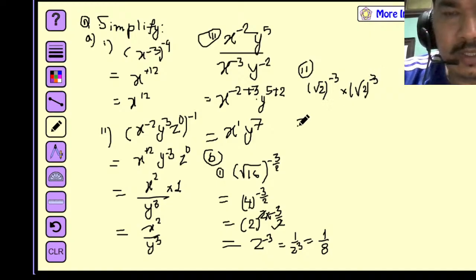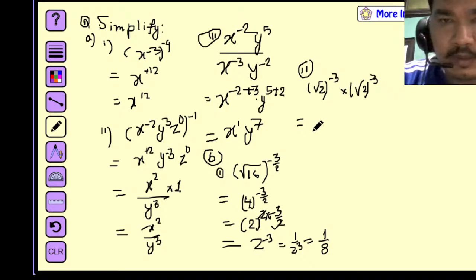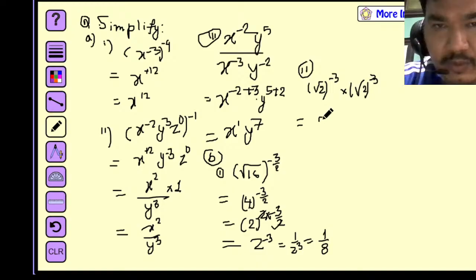Then when you cancel this square root, it will be 2 to the power 1 by 2, and its whole power is minus 3. Similarly, if you cancel this radical sign, there is also 2 to the power 1 by 2, its whole power is minus 3.